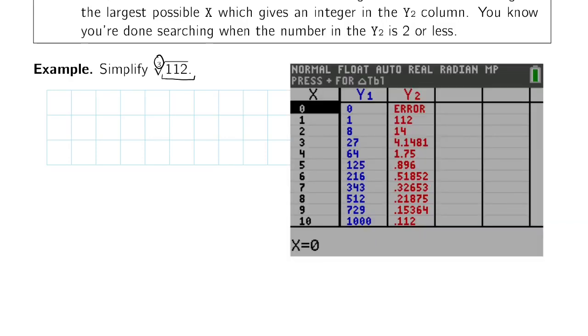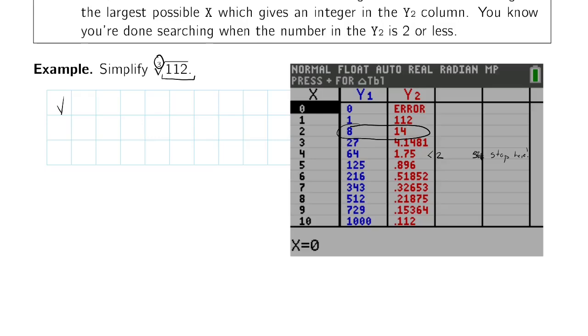So pasting the calculator screen into my notes. This is less than 2. So stop here. And we see that the row that's going to help us is where we find that 112 is 8 times 14.